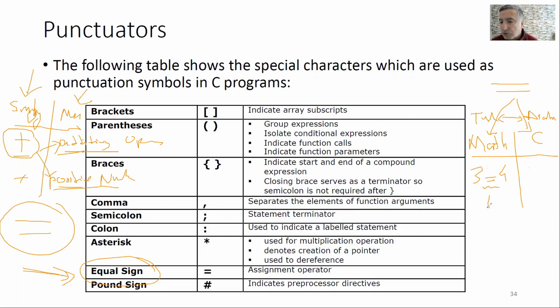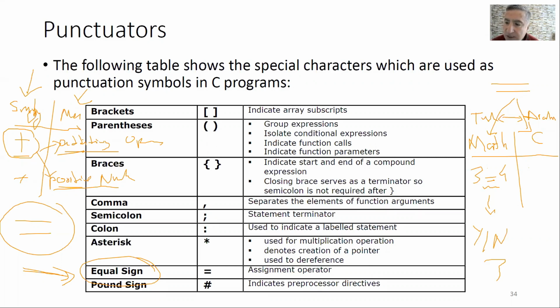And the answer to this question is yes or no. Everybody knows that, right? So in mathematics, 3 equals 4 is actually a question, whether 3 is equal to 4 or not, and the answer is yes or no.